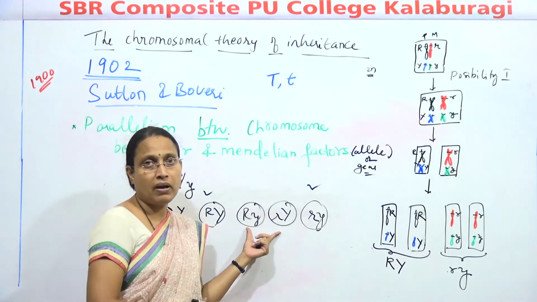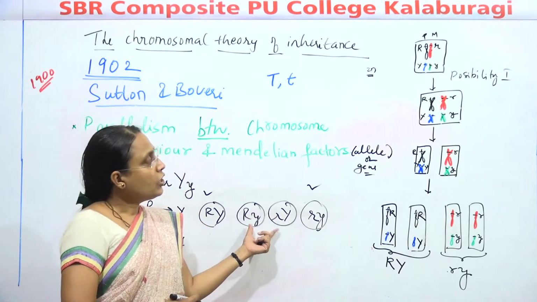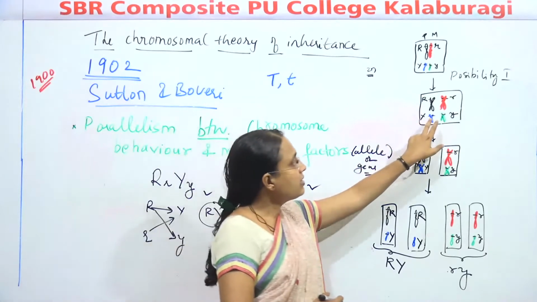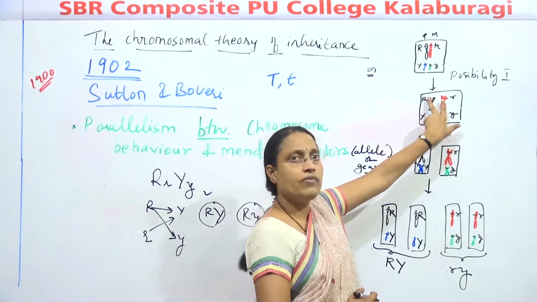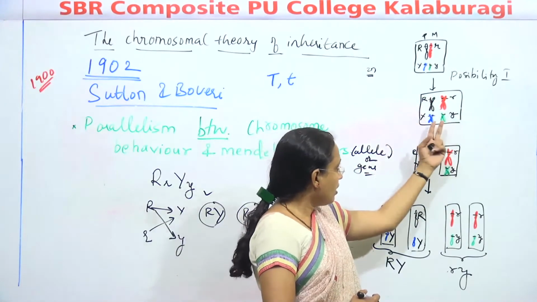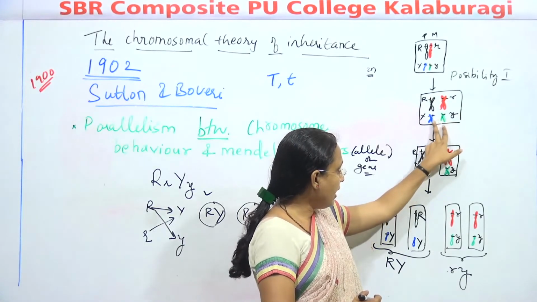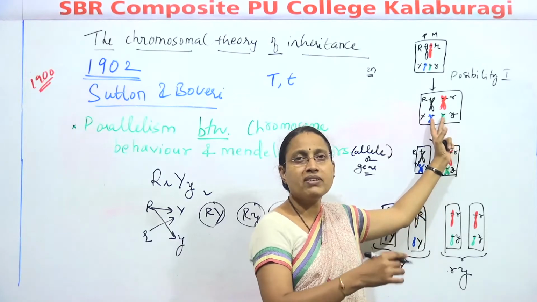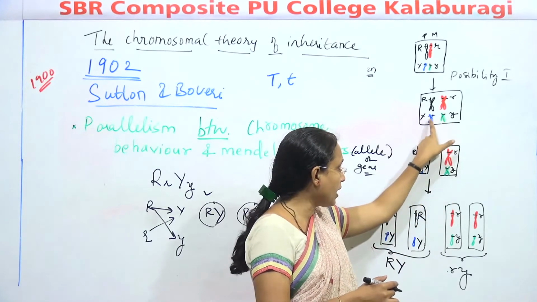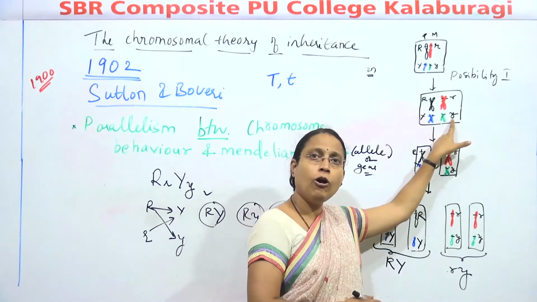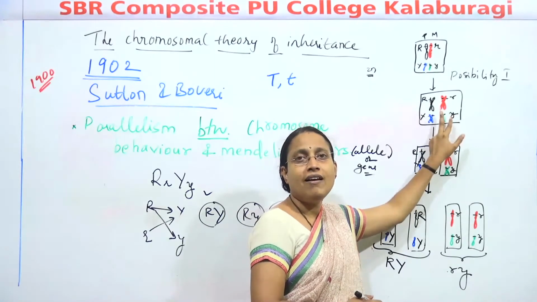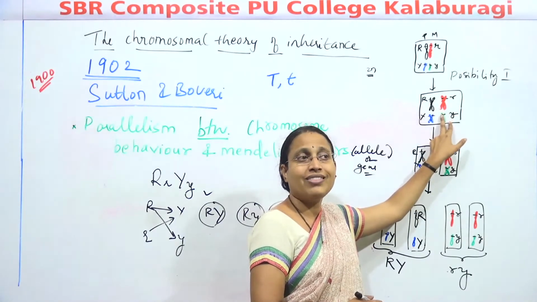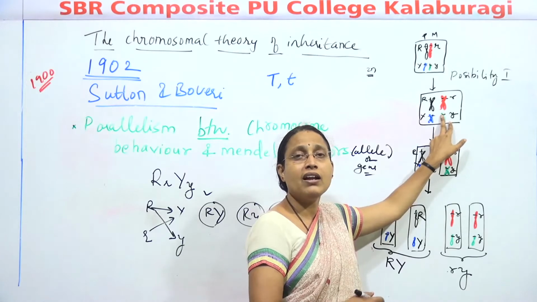Now, what is independent assortment? You can see here, this is the first pair, this is the second pair. The chromosomes of the second pair can assort independently. That means it can flip its direction. Small y can come here and bigger Y can go there. That is called flipping its position, and that itself is called independent assortment.